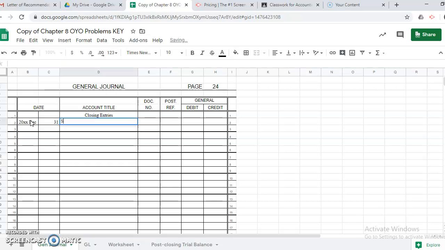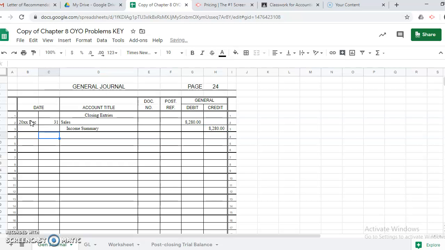So I know I'm going to debit sales here, and I don't have a source document, it's just the closing entry. So I'm going to debit that for the $8,280. And then I'm going to credit, make sure you indent, income summary for that same amount.